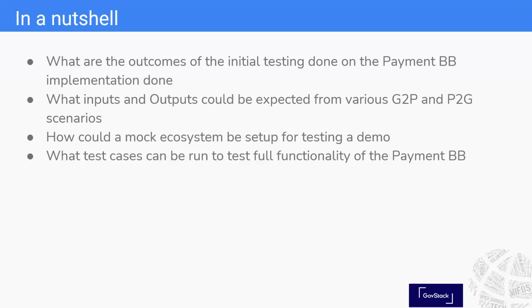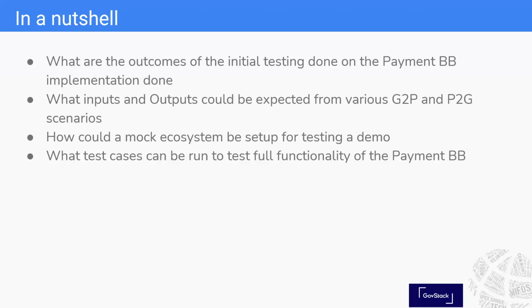We've also talked in quite a bit of detail about the scenarios that have been implemented for the P2G and G2P use cases, what their details are, which service is invoked for them, which APIs are used, which processes are invoked for them, and what the required inputs are to yield certain outputs.